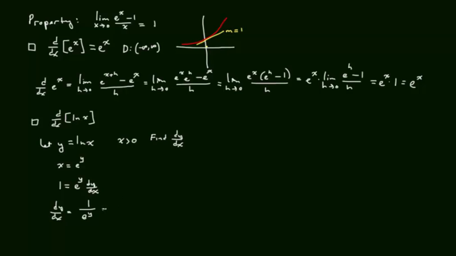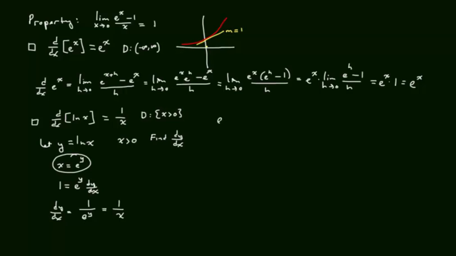Now what is e to the y in terms of x? Well, we defined it here, so this is going to be 1 over x. Isn't that nice? The derivative of the natural log of x is 1 over x, and the domain of that is that x is greater than 0.